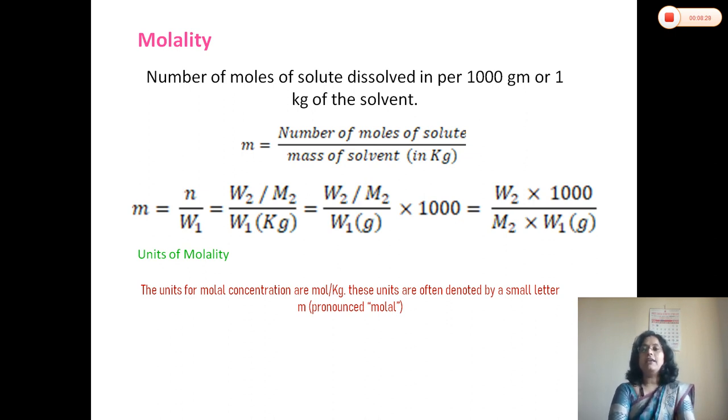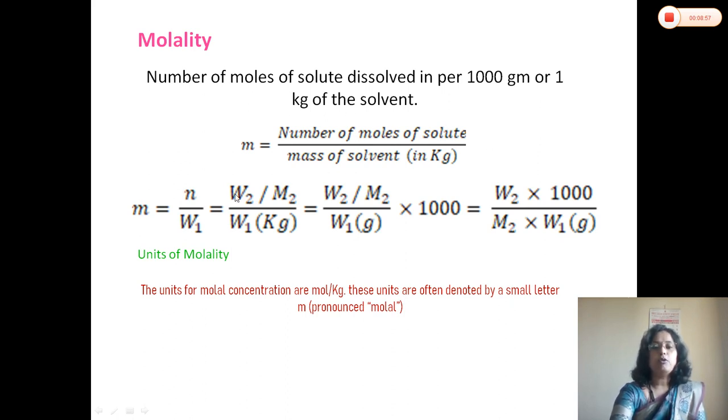In molarity we take the solvent in a volume, whereas in molality we take the solvent either in gram or kg. So molality is the number of moles of the solute dissolved per 1000 gram or 1 kg of the solvent. Molality is denoted by the small m, and the formula is number of moles of the solute upon the mass of solvent in kg.